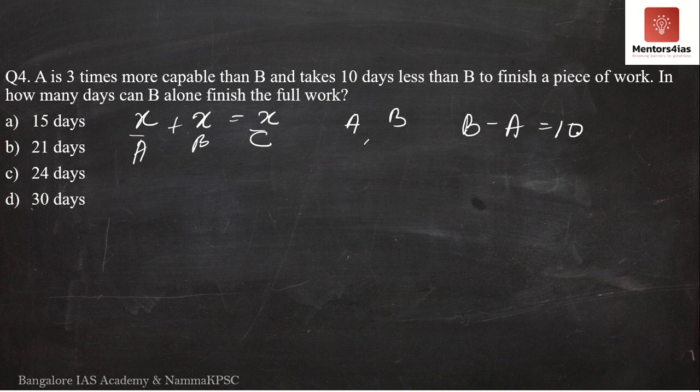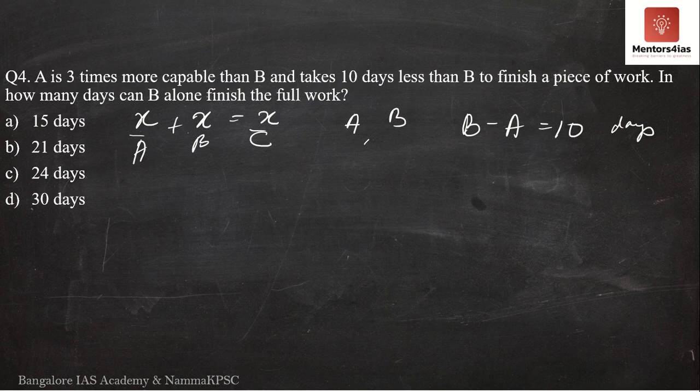A takes 10 days less, or B takes 10 days more than A to finish the entire work. Therefore, the difference between B and A should be equal to 10 days.